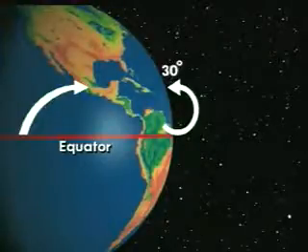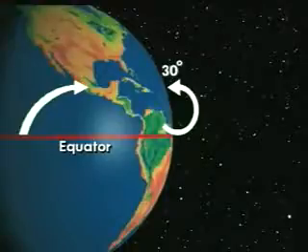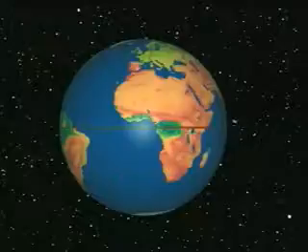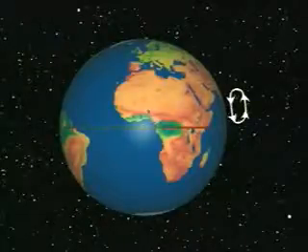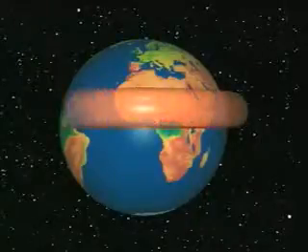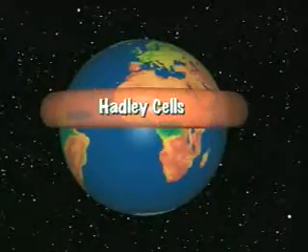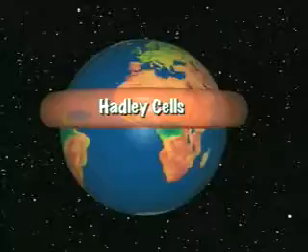It does not reach the poles. So the airflow is like this. These donuts are called Hadley cells, and the air tends to circulate within them.